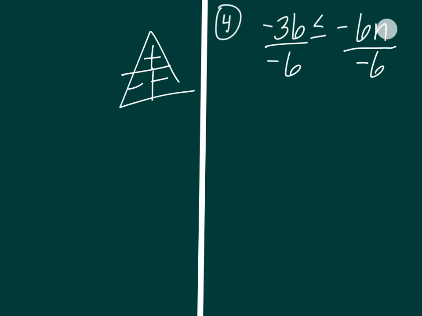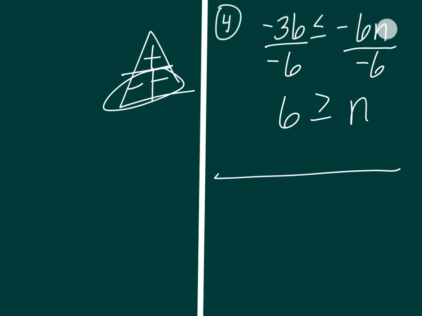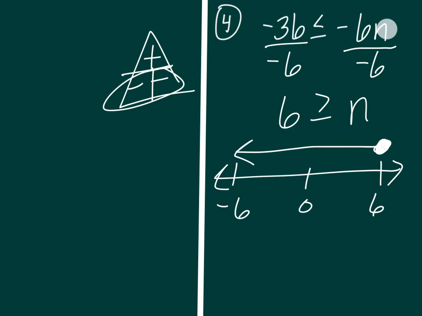If you think back to the start of the year, two negatives give you a positive 6. So we get n is less than or equal to 6. It'll be a closed circle because there's an equal to. The line goes to the left to show numbers less than.